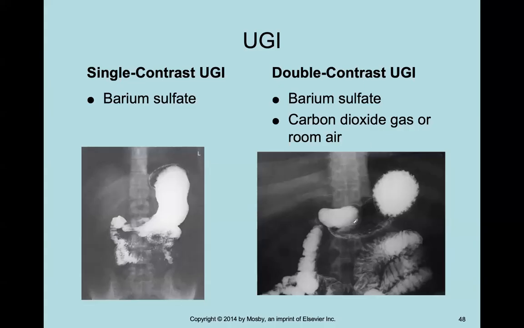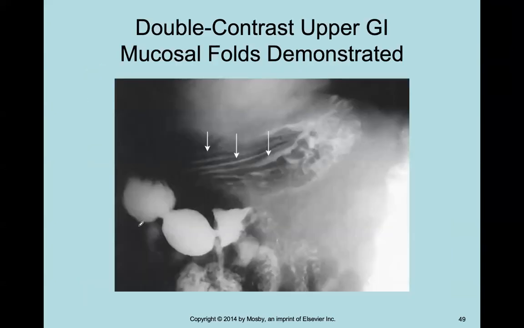We want to use a double contrast like you see here if we're trying to visualize the mucosal lining, so the outside and more of the lining of the stomach. So you're able to see all that rugae. If we're not concerned with the mucosal lining, then we can just do a single contrast. The exam, when it comes to the department, will be ordered either as double contrast or single contrast.